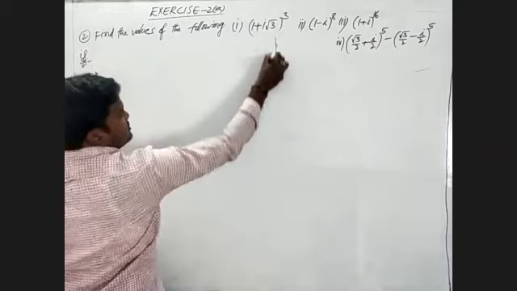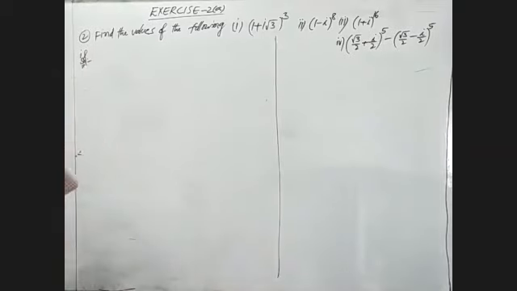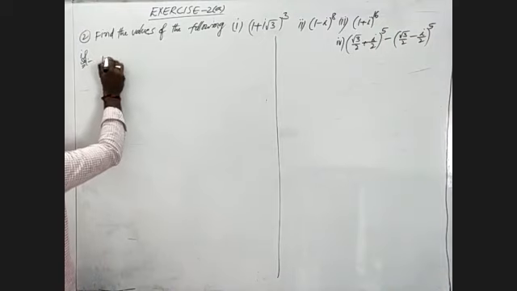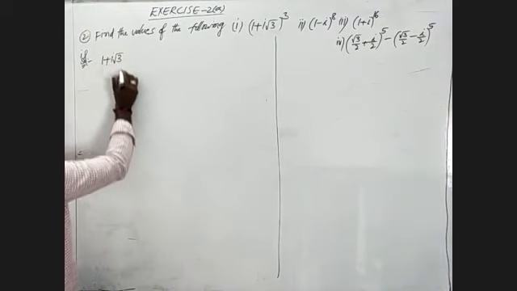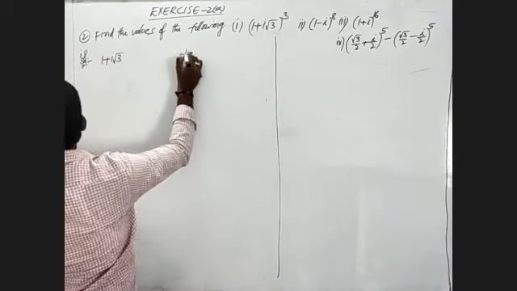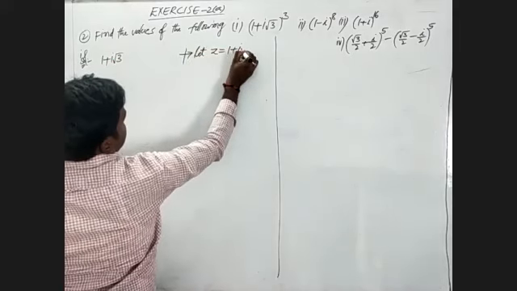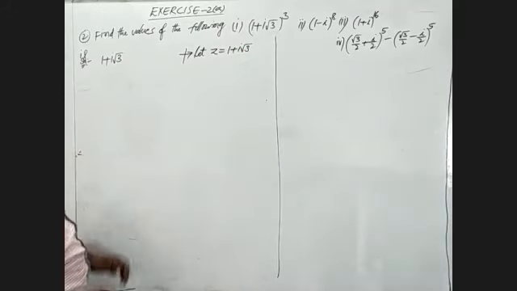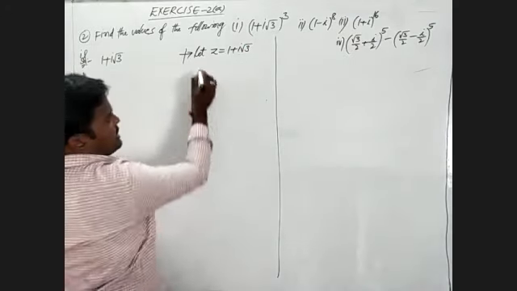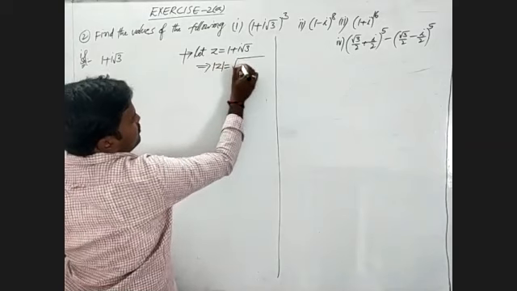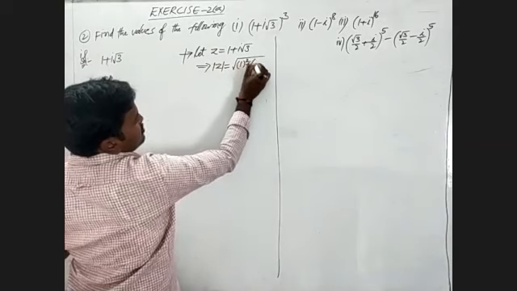Now I am going to the first one. What is asked in the first one? First I will take 1 plus i root 3 as a complex number. Let z be 1 plus i into root 3. Then mod z is root of 1 square plus root 3 whole square.